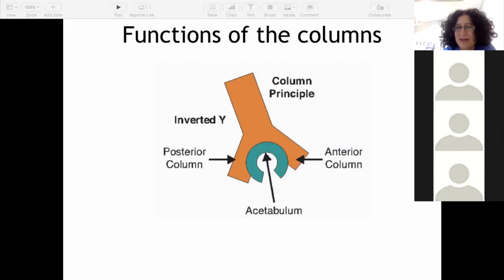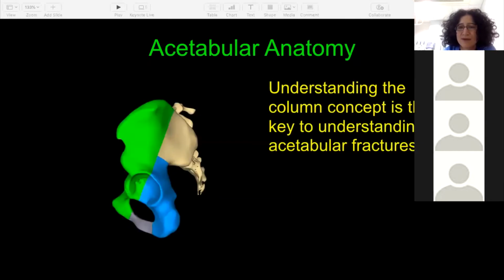Maybe we'll talk about some cases, and then that will become a little clearer. But I thought it was good just to remember Le Tournelle's two-column principle as applied to the acetabulum.